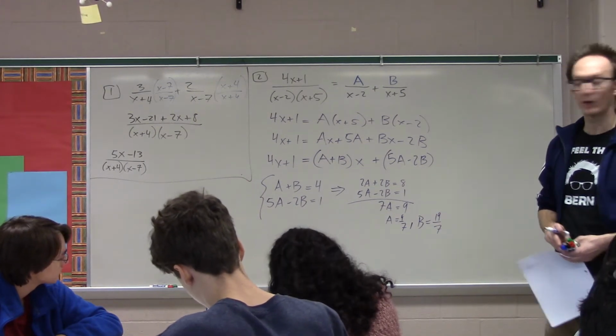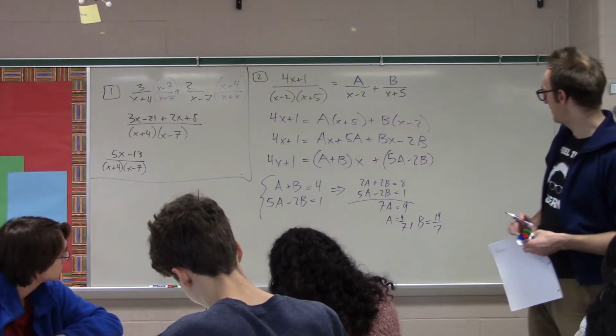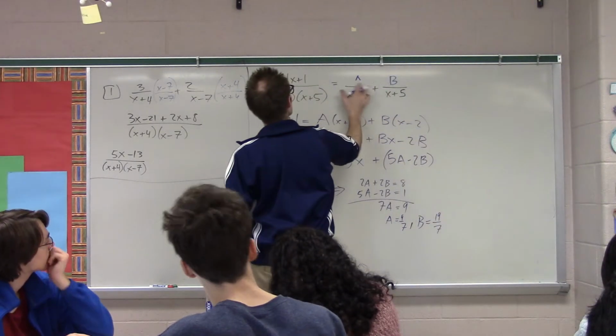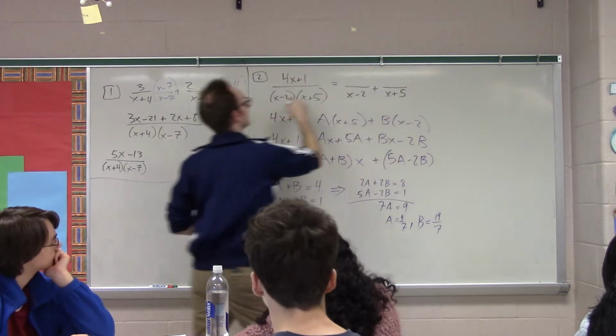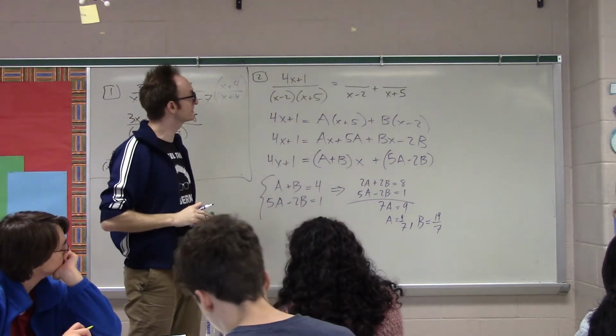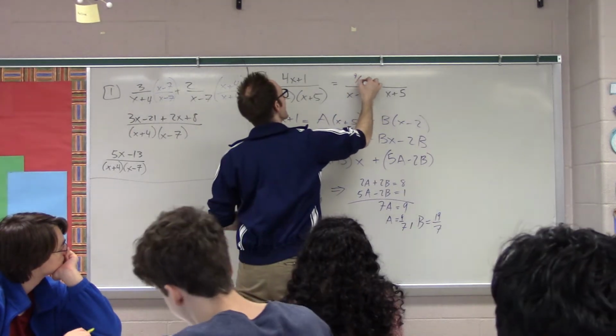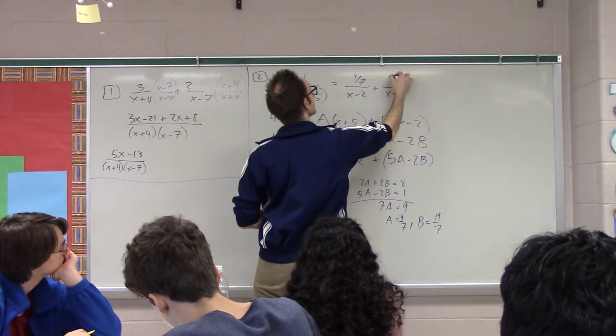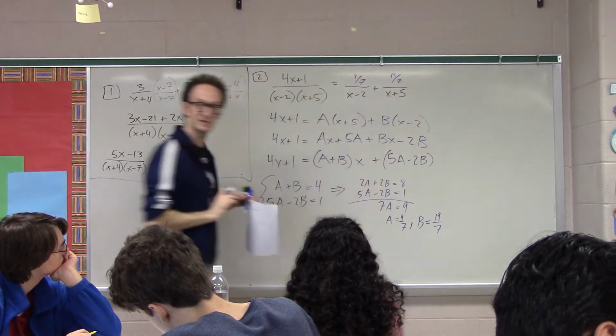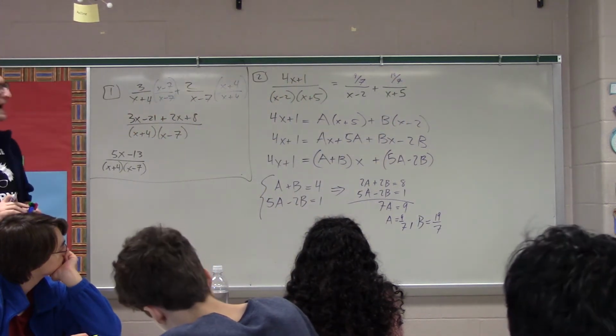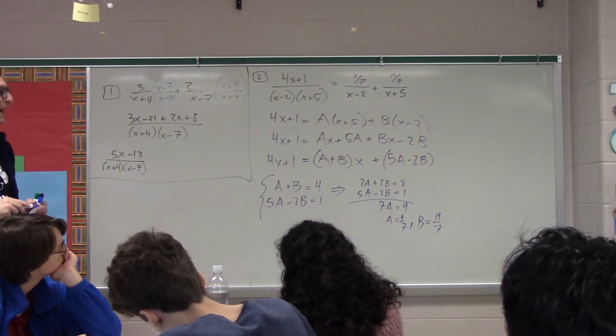Say cool. Okay, good. So what we have learned is that this rational expression, (4x plus 1) over (x minus 2)(x plus 5), can be rewritten as 9 sevenths over x minus 2 plus 19 sevenths over x plus 5. Good?